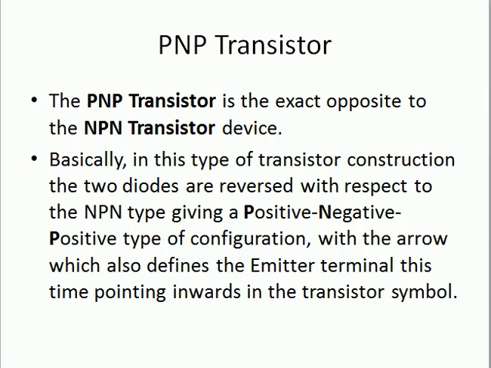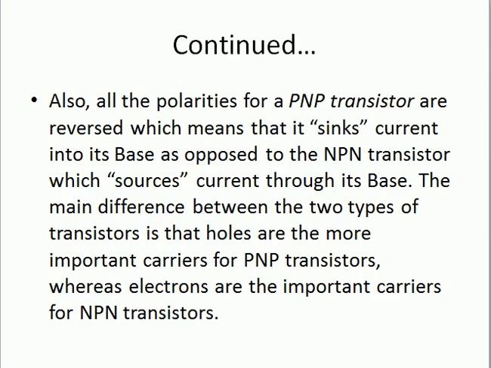You have seen in the NPN transistor that the current is coming out of the transistor, and in the case of the PNP transistor, the current is going into the transistor. So that is the major difference between NPN and PNP transistors.